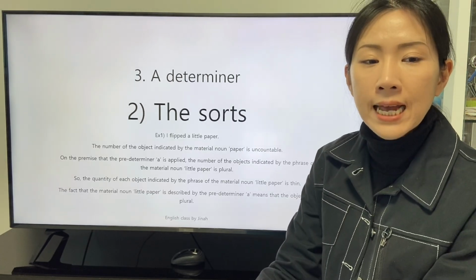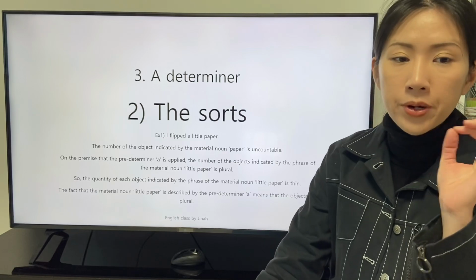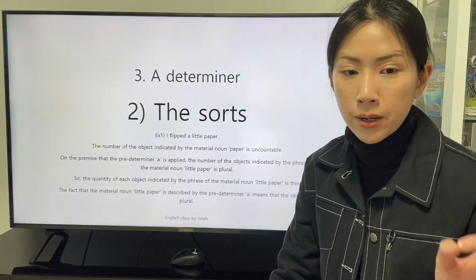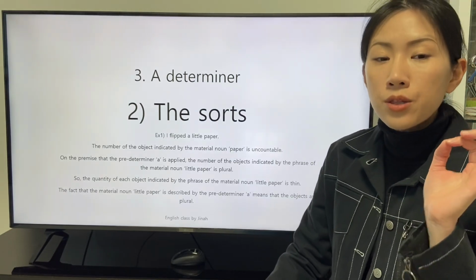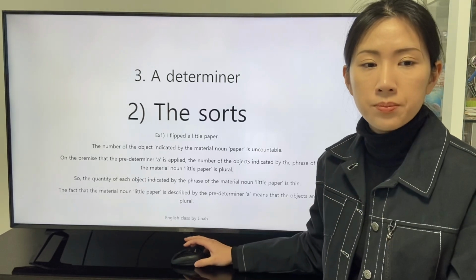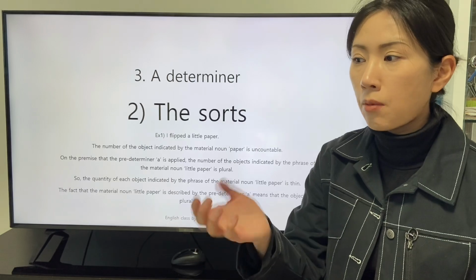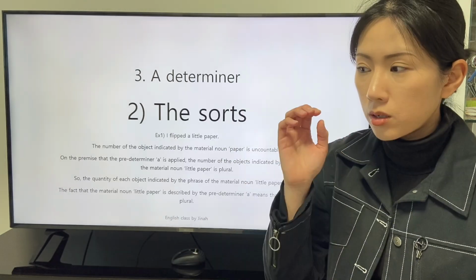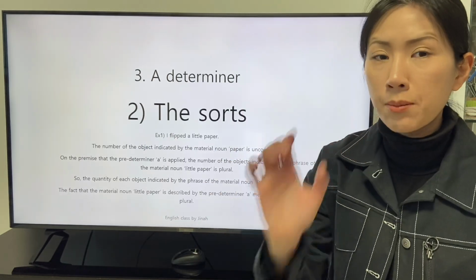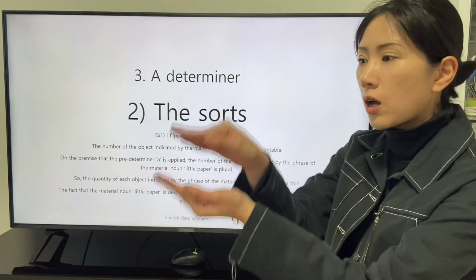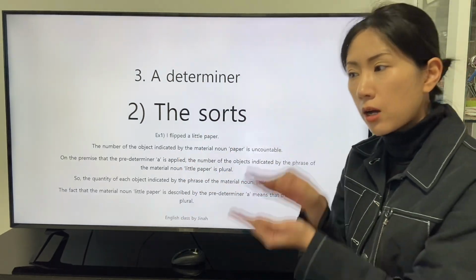The fact that the material noun paper is described by the predeterminer "a" means that the objects are plural. Each object is uncountable, but there is a series of the same object: uncountable object, uncountable object, uncountable object.